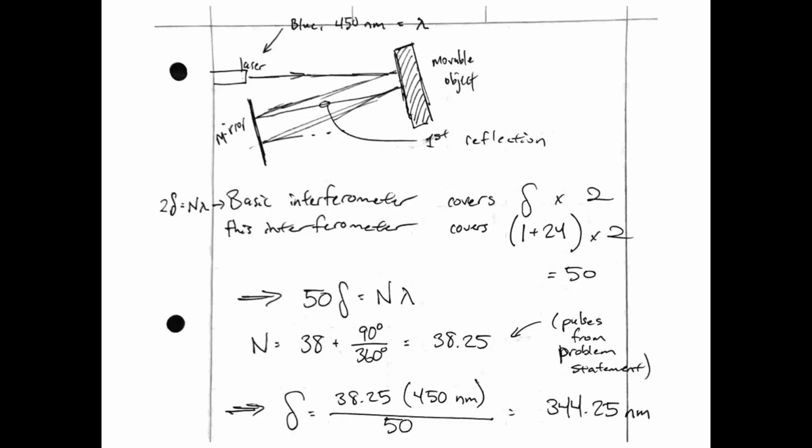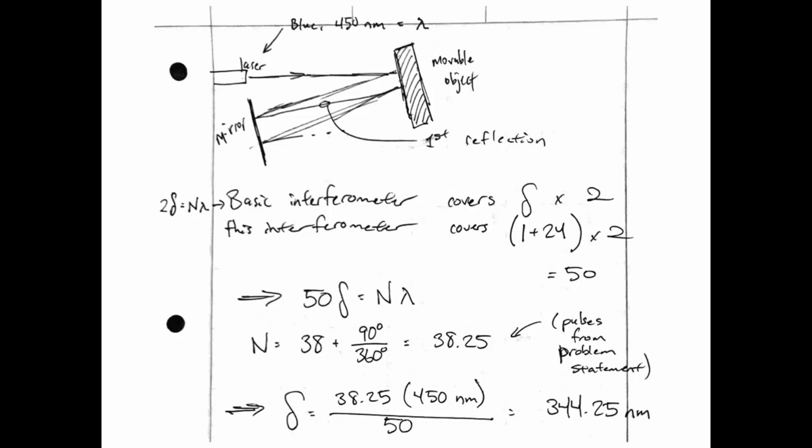I'll probably go back and forth here a little bit. Maybe I transferred all of it over here into my chicken scratch. We have the laser, and here I'm showing conceptually these reflections. Normally the laser would go through and come back. That would be our normal path through a basic interferometer, where 2 times delta equals the number of pulses times the wavelength.